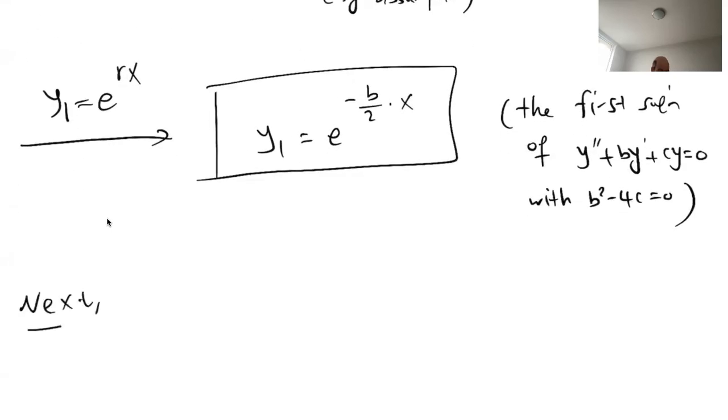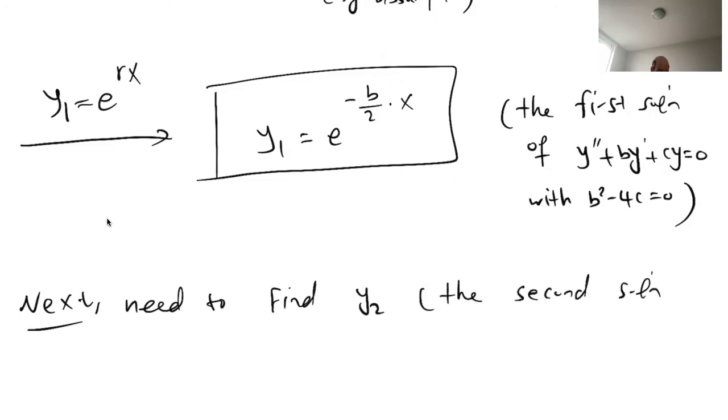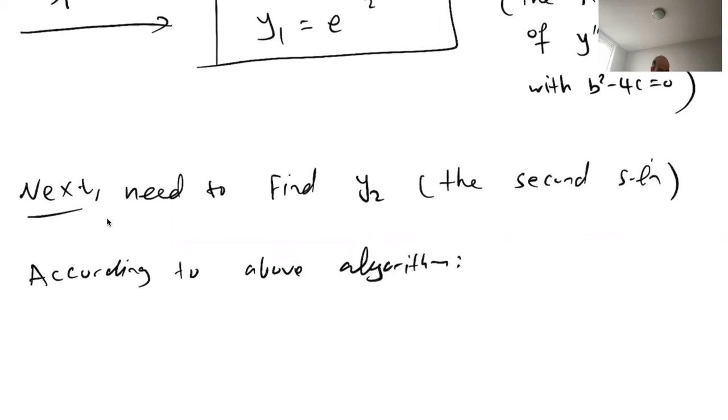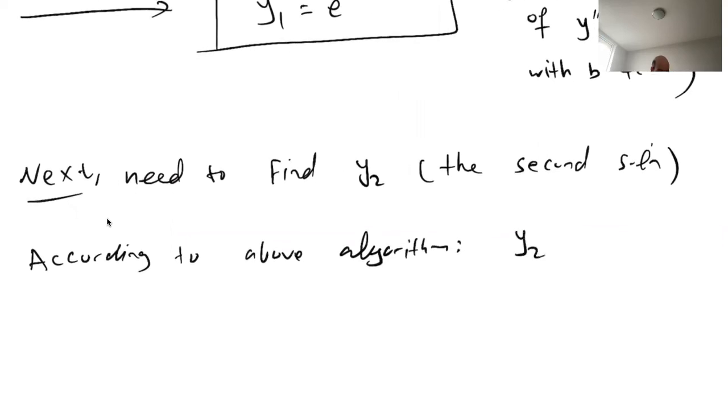Next, we need to find y2, which means the second solution. And how do you find a second solution? So again, according to the algorithm above, we could write y2 as y1 times v.